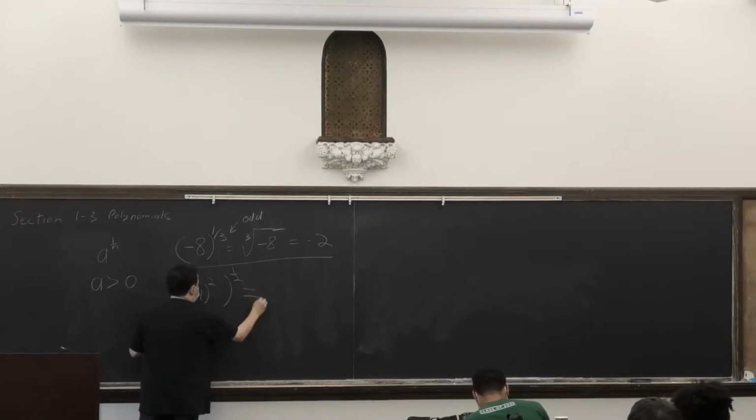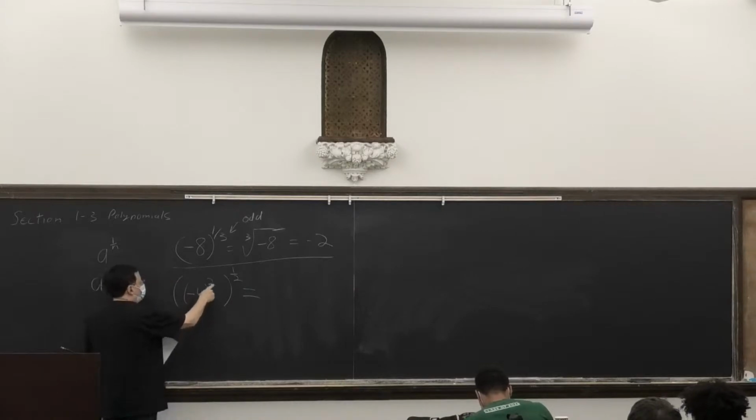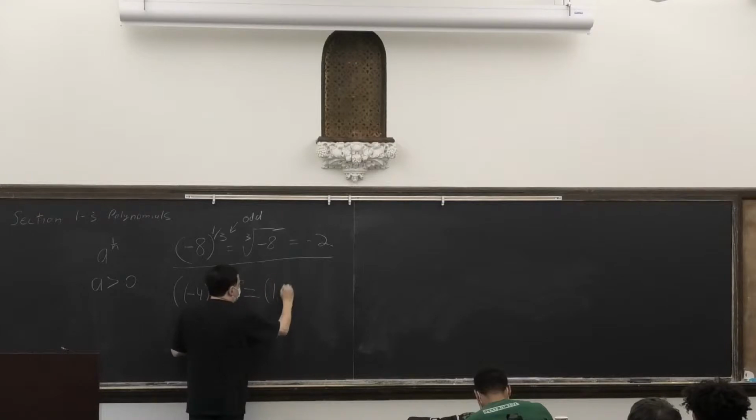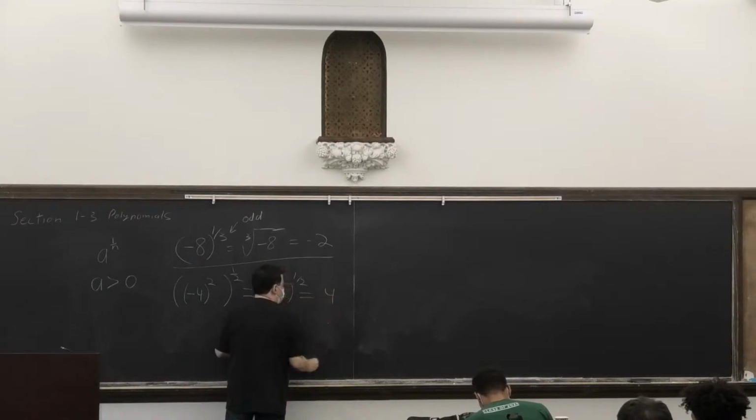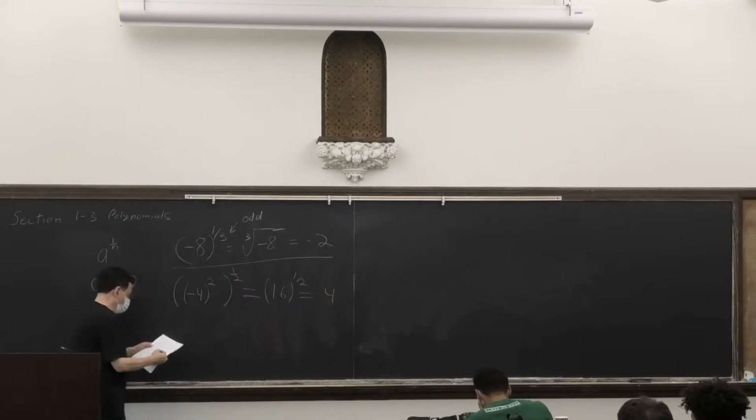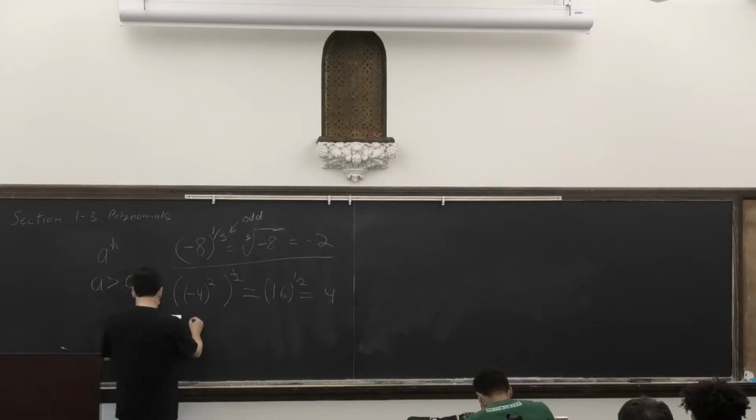Okay, let's think this through. So -4 squared, that's 16. 16 to the 1/2, that's the square root of 16, which is 4. Okay, good. Now let's look at -4 to the 1/2, squared.